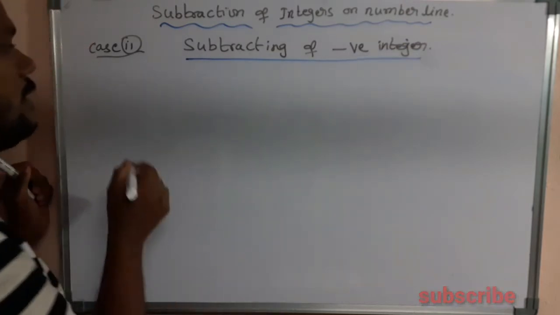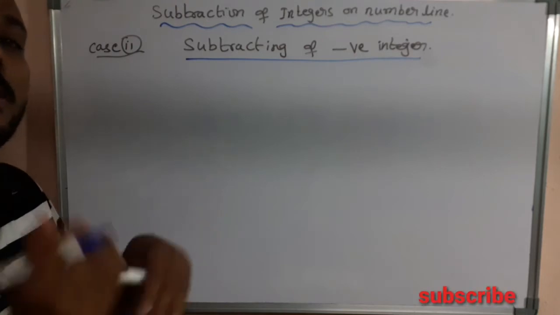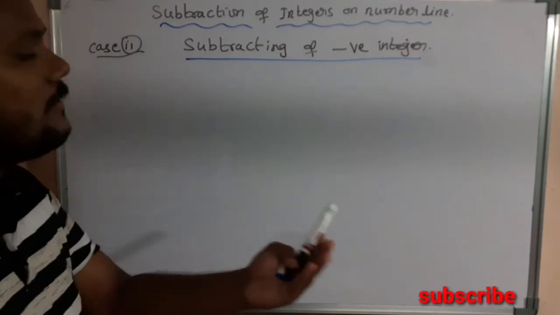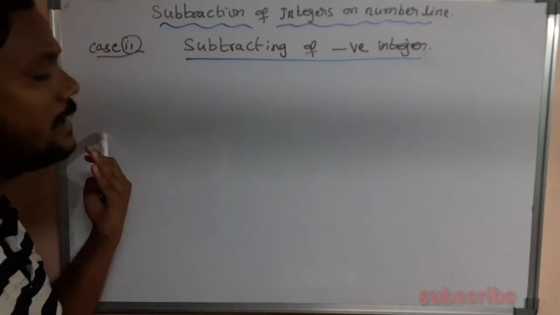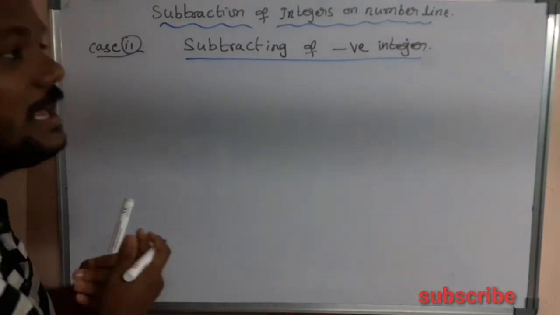So to subtract negative integers, which side do we need to go? Firstly, recall that to subtract positive integers, we went towards the left side. But to subtract negative integers, we need to go in the opposite direction. That means we need to go to the right side.